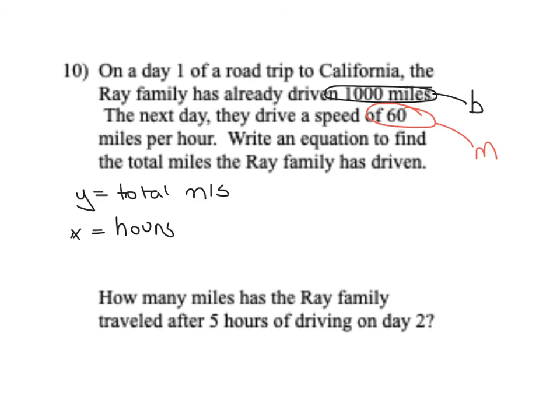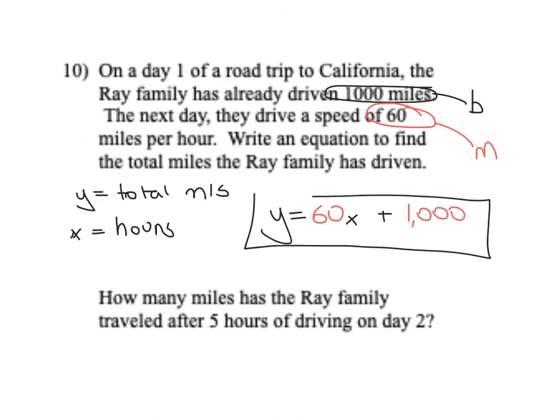The more time you're driving, the further you go. So what our equation would be is Y equals 60 miles per hour times however many hours that you're driving for plus 1,000. And that 1,000 represents how many miles they had begun with before they started day 2.